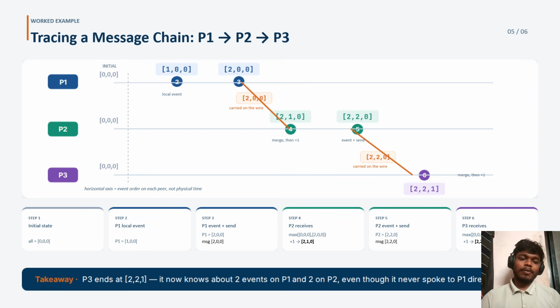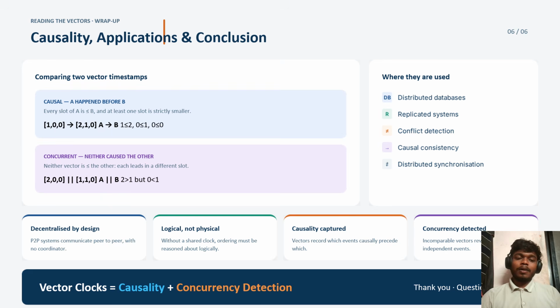Here we see how each process implements its vector. Whenever a process sends a message to someone else, the corresponding element is incremented, and in that way the total count of events across processes is aggregated and maintained inside the vector, and it plays the role of our algorithm. So, next slide.